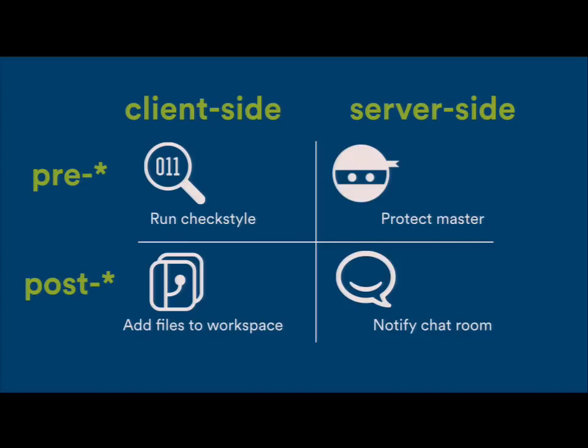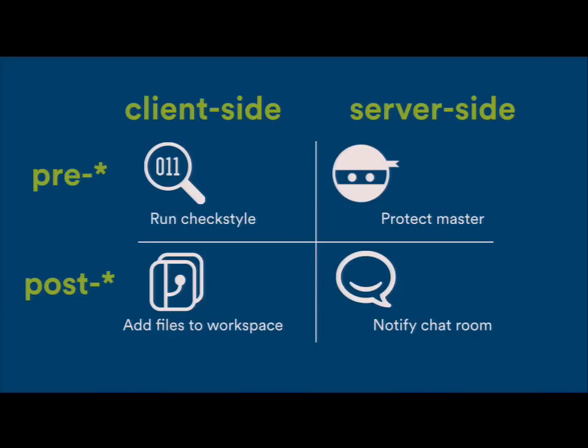So you can do things like with a client-side hook, you would run this before, let's see, I guess it would be a pre-commit hook. So you could run checkstyle as part of your commit process when you're doing a local commit. And if you have blockers or severe violations from checkstyle, Git could just reject that commit.